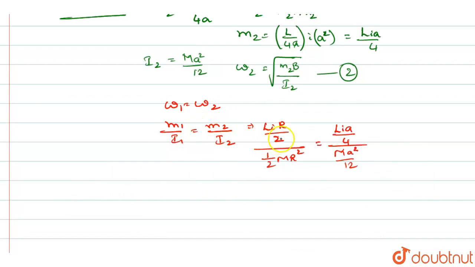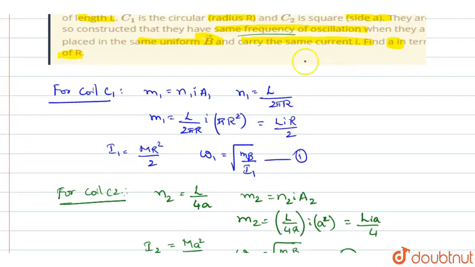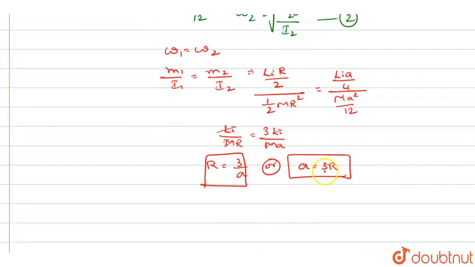All the common things we will cancel, and finally you can write it as L I by m r is equal to 3 L I by m A. So L I also gets cancelled, m gets cancelled. So you can write it as A R is equal to 3 by A, or A is equal to 3R. So this is the relation between A and R which they have asked. They have asked to find A in terms of R. So A will be equal to 3R is the answer.